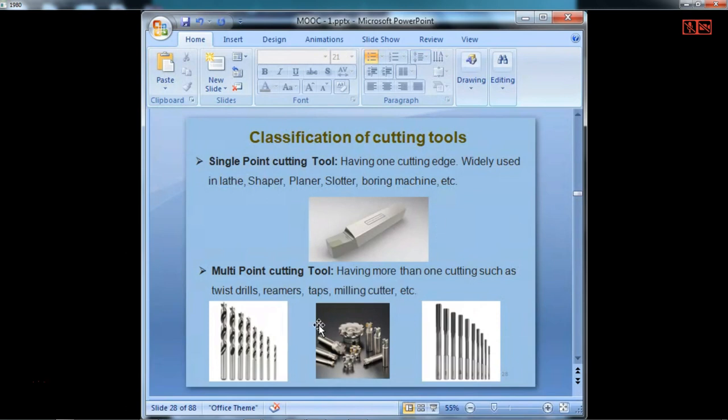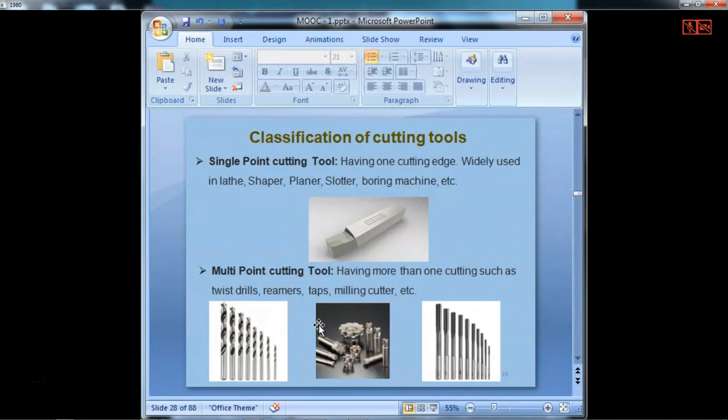In the bottom, what you can see are the multi-point cutting tools. The examples will be drill bits, milling cutters, then broaching and other operations, where it is not a single point which makes the contact, but multiple points. And also when you look at the single point, it is a continuous cutting.